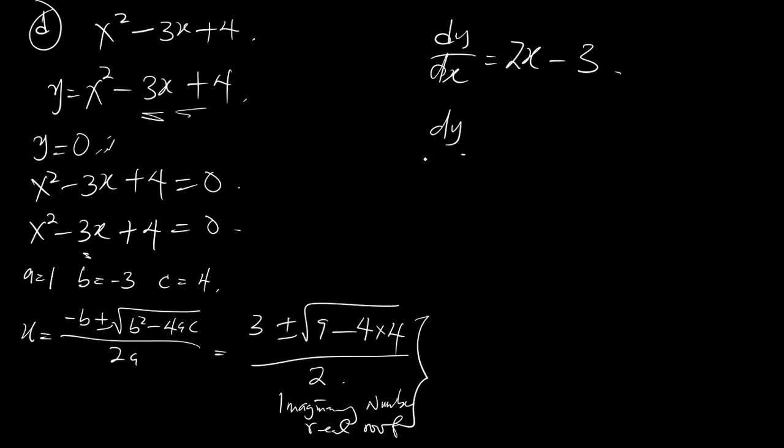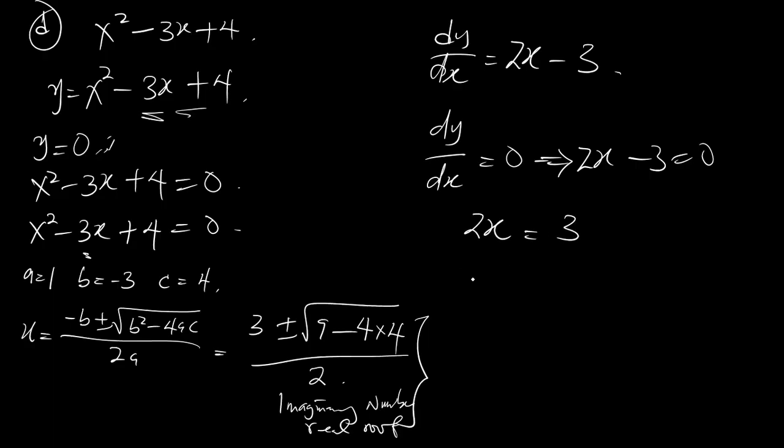So at the point where you have dy/dx equal to 0, that means you have 2x minus 3 equal to 0. That is the implication. You have 2x is equal to 3, x is equal to 3 all over 2. So at the point where x is equal to 3 over 2, that is a stationary point.